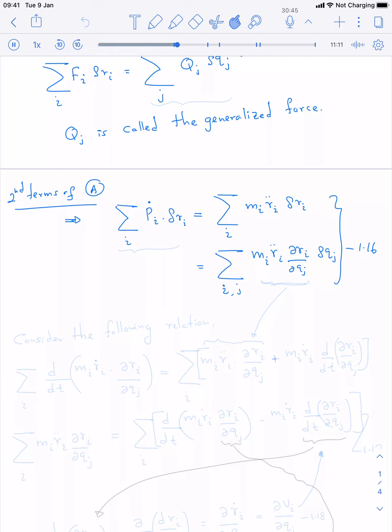Now consider the following relation. That is actually an expression for this term right here. So let me write it.